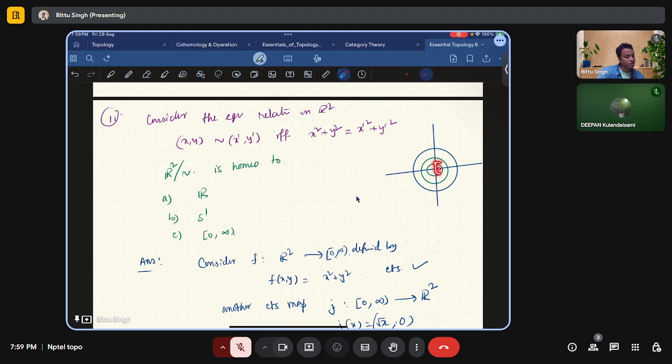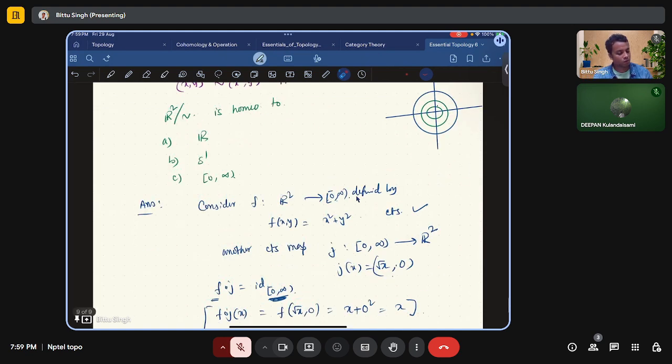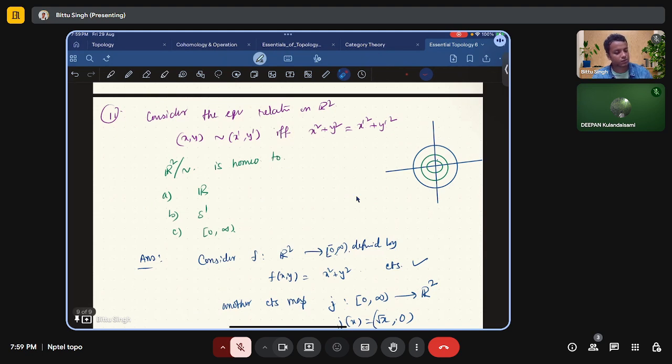So geometrically the intention is clear that this should be a circle. If we identify with respect to this relation, that should give me closed 0 comma open infinity, and we have proved mathematically that this is the case.